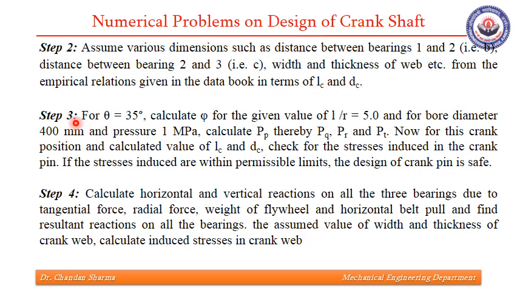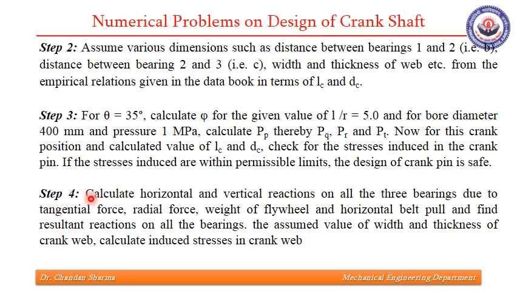In step 3, for the given angle of 35 degrees, we'll calculate phi, and for the given value of L by R, bore diameter of 400 mm and pressure 1 megapascal, we'll calculate PP and thereby PQ, PR and PT. For this crank position and the calculated values of LC and DC, we'll check the stresses induced in the crank pin. If the stresses induced are within permissible limits, the design of the crank pin is safe.